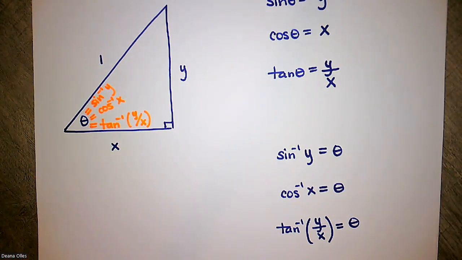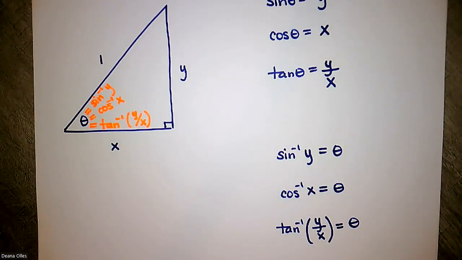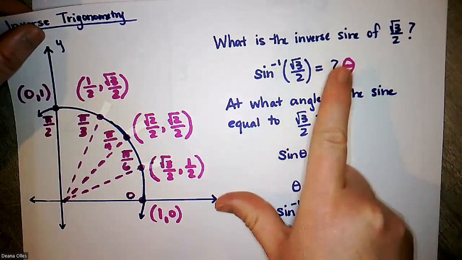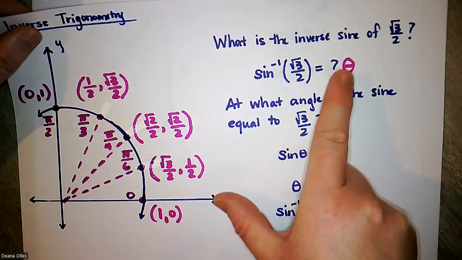Again, there are 3 other options, but those won't be considered as often, if at all. So the angle represents the inverse trigonometric function of the ratios of sides and hypotenuse. Again, what we were looking at at the very first part of this video, the inverse trigonometric function is the angle. It's an angular measure.